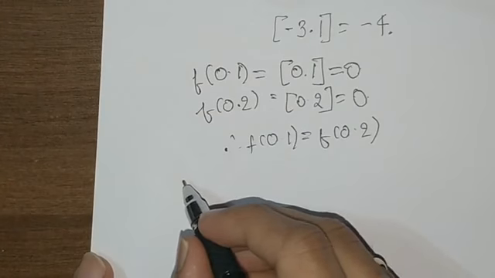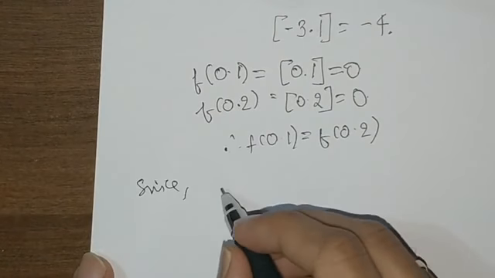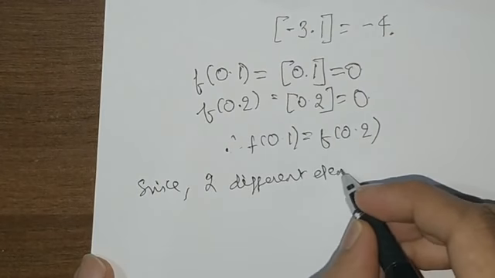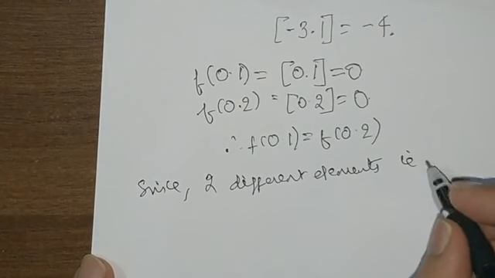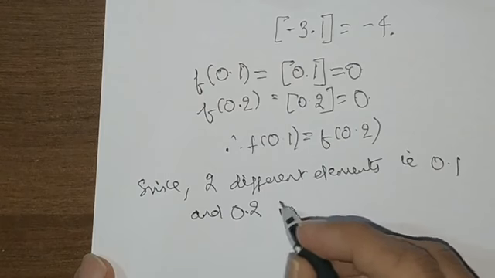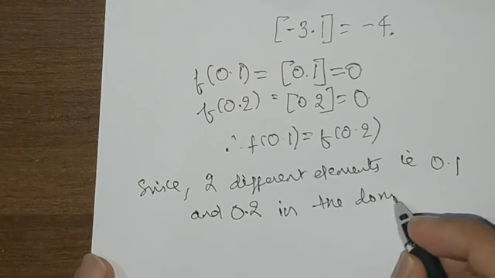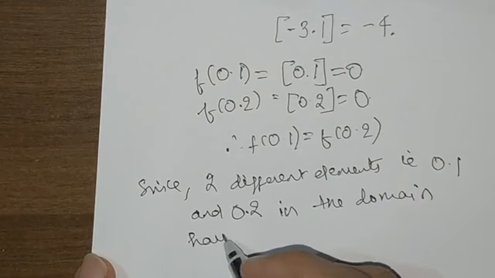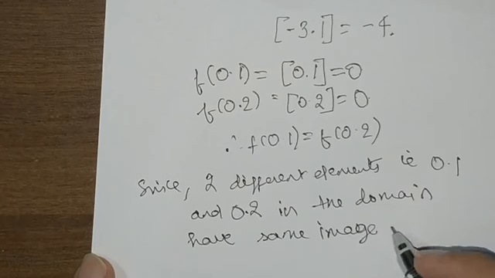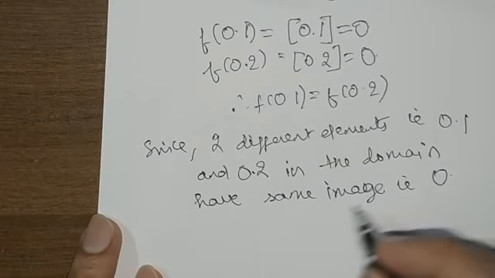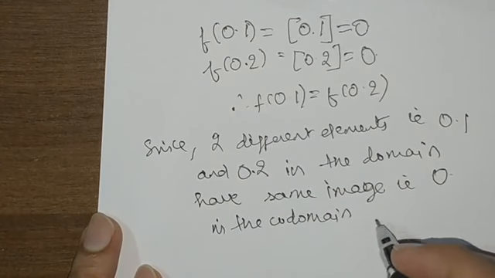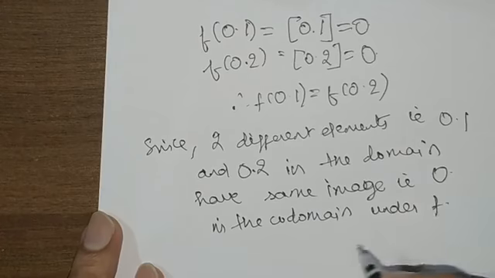So you can see that two different elements, that is 0.1 and 0.2 in the domain, have the same image, that is 0, in the codomain under the function f.